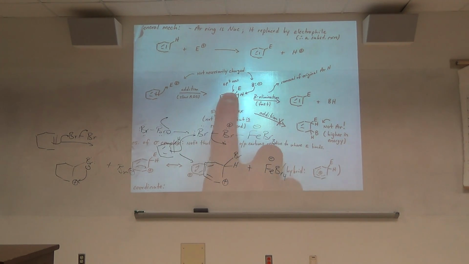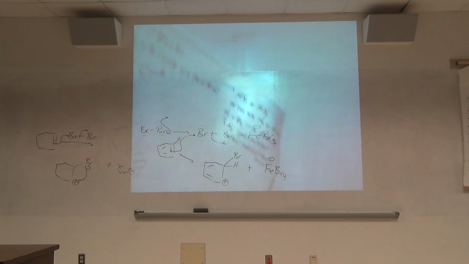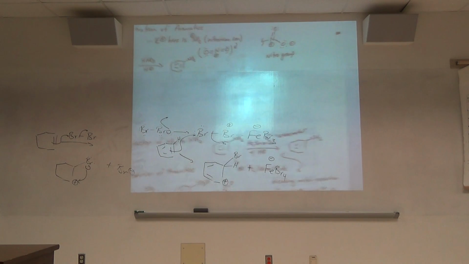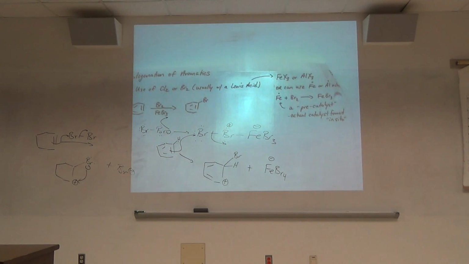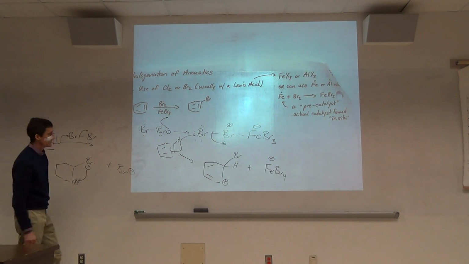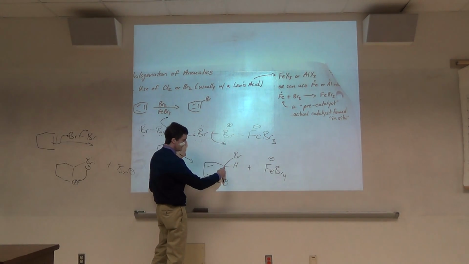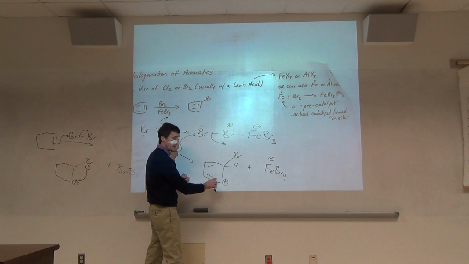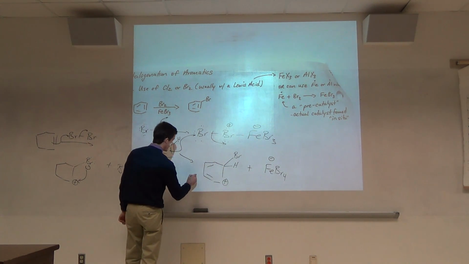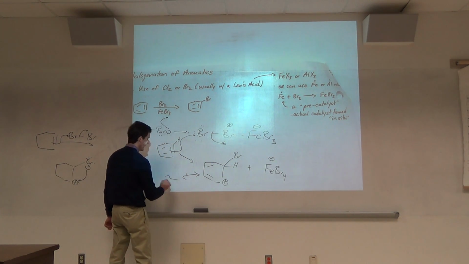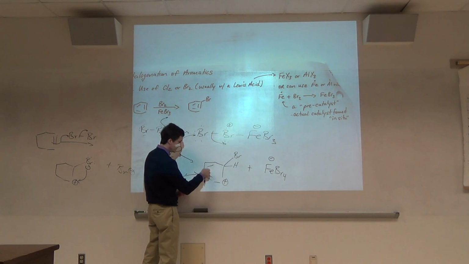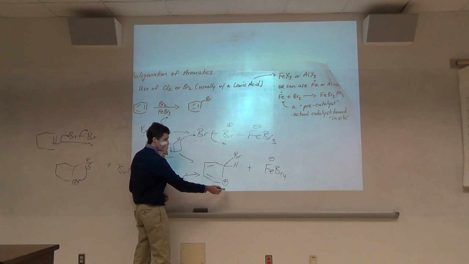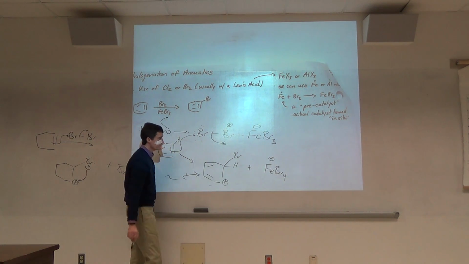So here's our intermediate. It's not aromatic because it no longer has a p orbital here, but it is resonance stabilized. We can draw resonance structures. I'm not going to draw them all. It's the same as on the previous page. Electrons here, electrons there. Resonance stabilized carbocation intermediate.